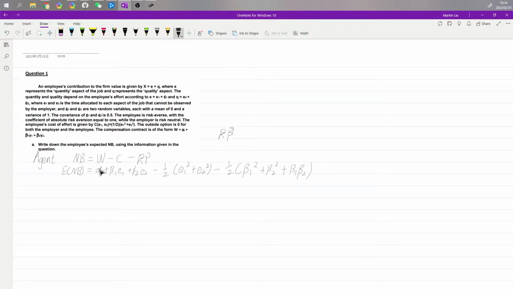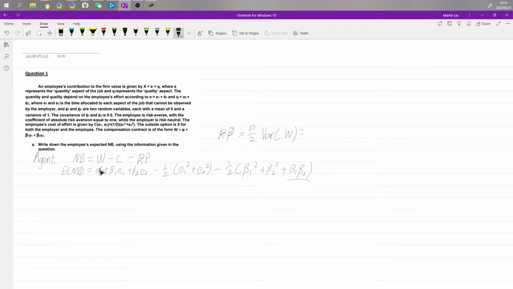Risk premium is always equal to the risk aversion rho divided by a half, times the variance of wage. And in this question, since the random variables epsilon 1 and epsilon 2 are correlated, that's why we will have this term.